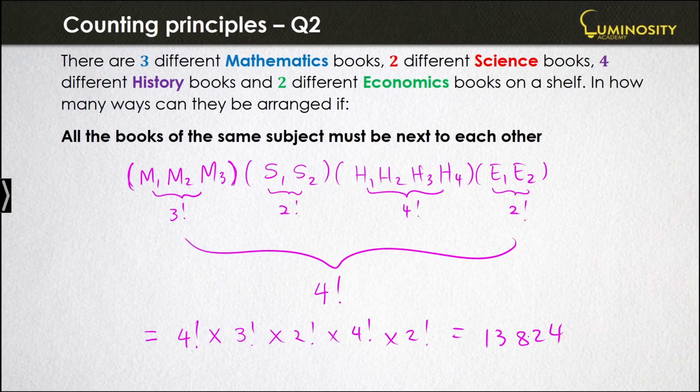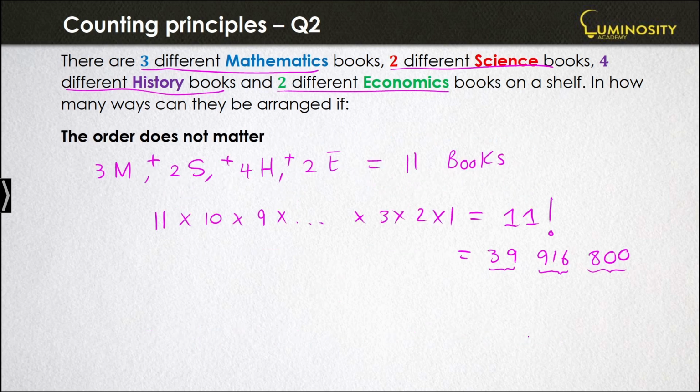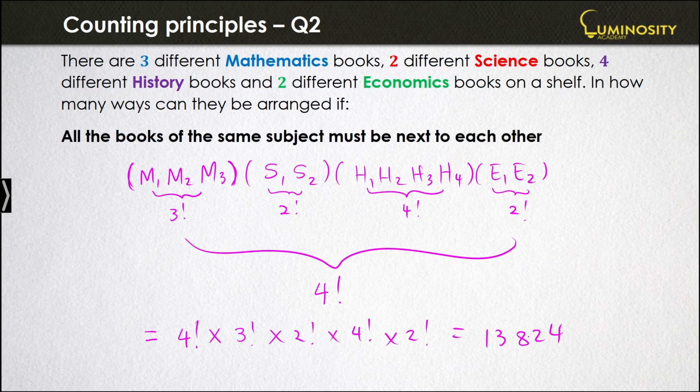So there are 13,824 ways that we can arrange all the books such that all the books of the same subject must be next to each other. That's much smaller than the number we got previously, over 39 million. Again, you can see there are restrictions happening, mainly that the books of the same subject must be next to each other.